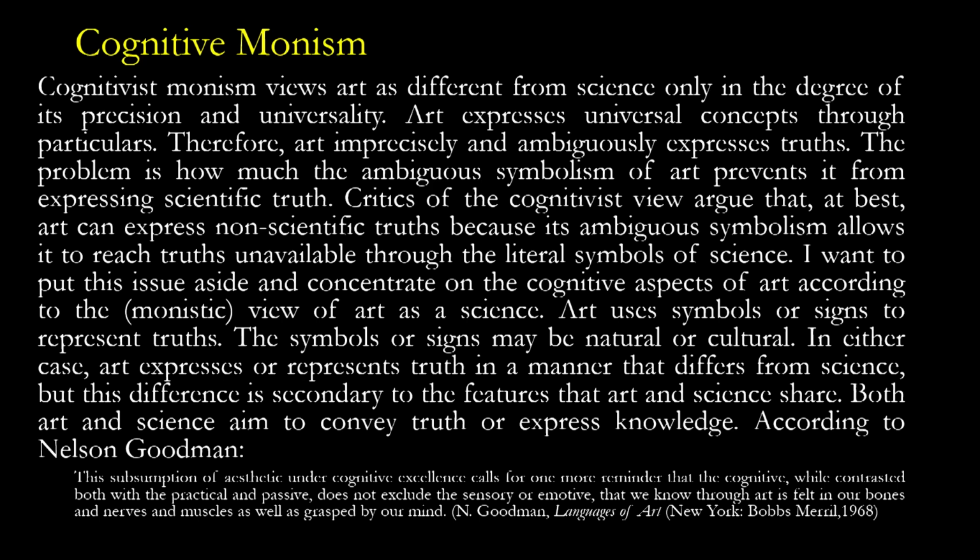So, there are critics of the cognitive view who say that art can also be a tool for expressing the truth, but the methods used in art are not well enough suited to explaining the universal truth. So, this is one critique against cognitive monoism.